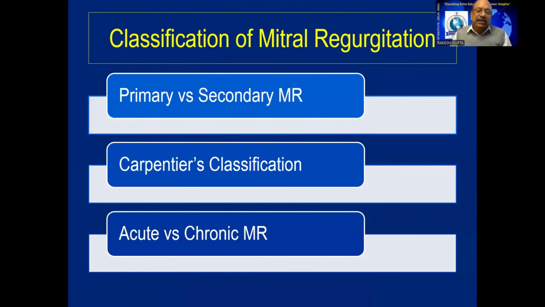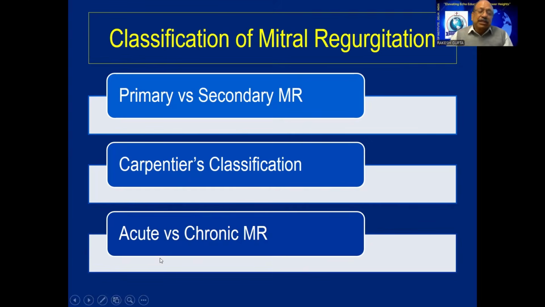Now look at the classification. There are multiple classifications available based on etiology and timing: primary versus secondary, Carpentier classification, acute versus chronic. Why do we say acute versus chronic?